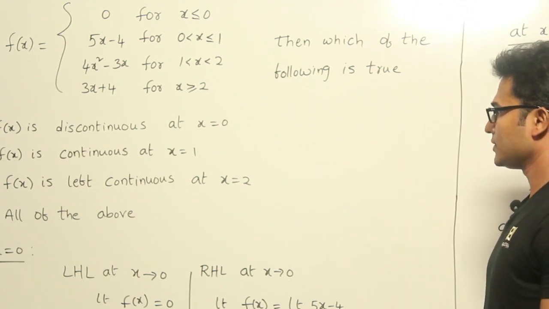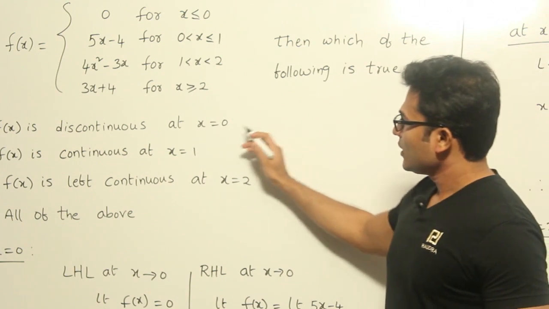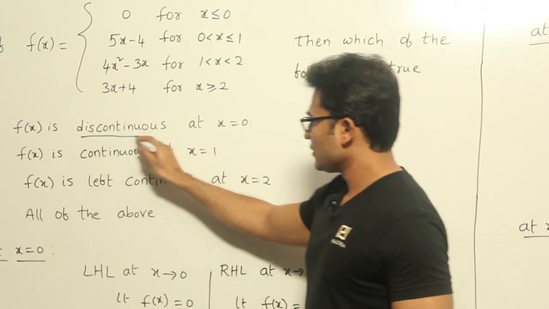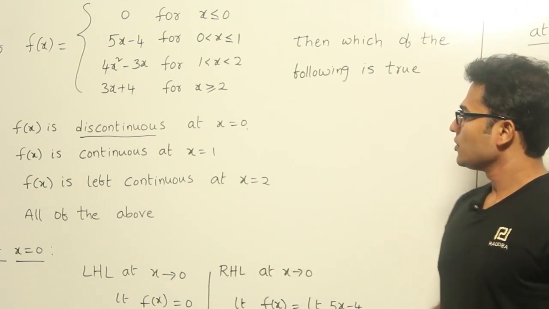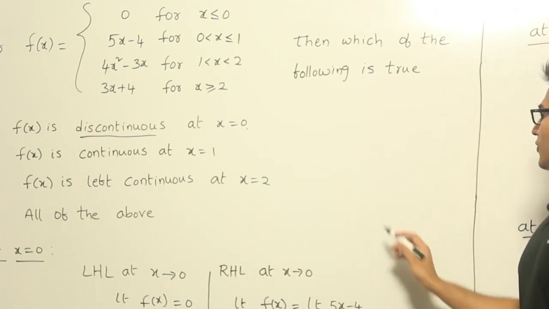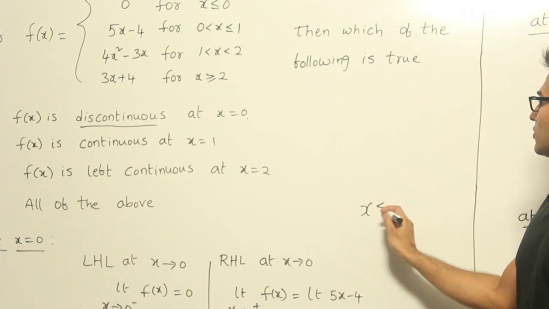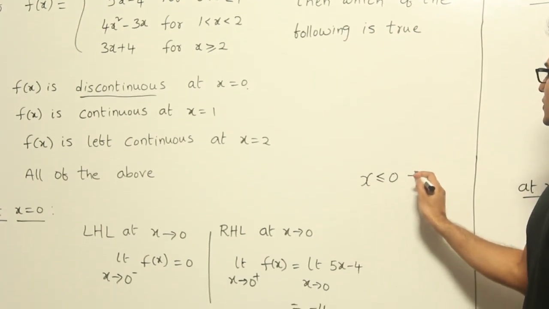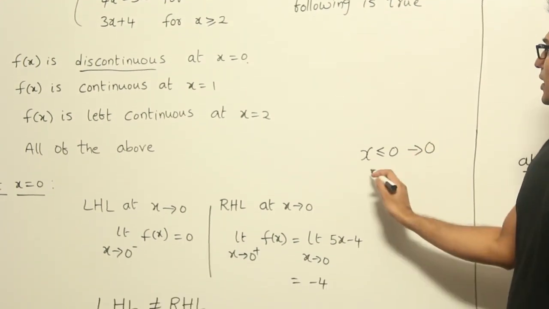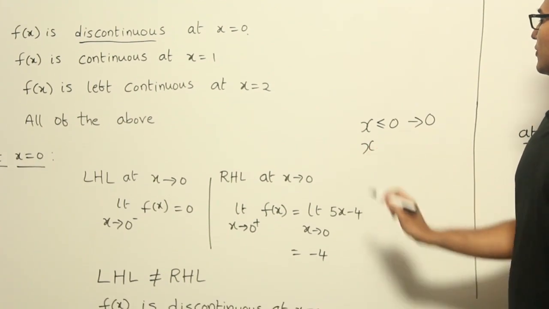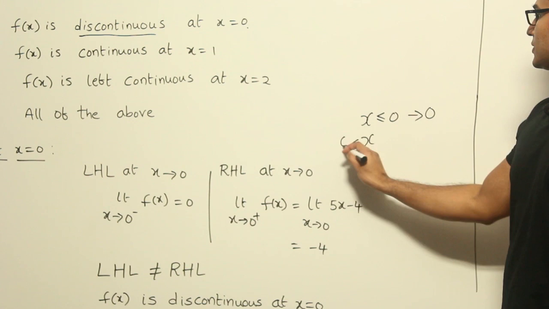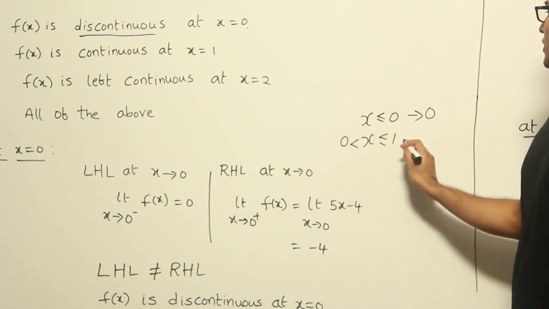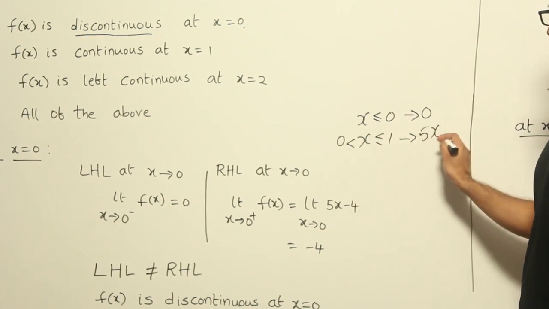Now what is option A saying? They are talking about discontinuity at x equal to 0. That is what they are talking about, right? Now look at this. For x less than or equal to 0, the function value is 0, right? And whenever x is greater than 0, you can think of it this way: for x between 0 and 1, the function is 5x minus 4.